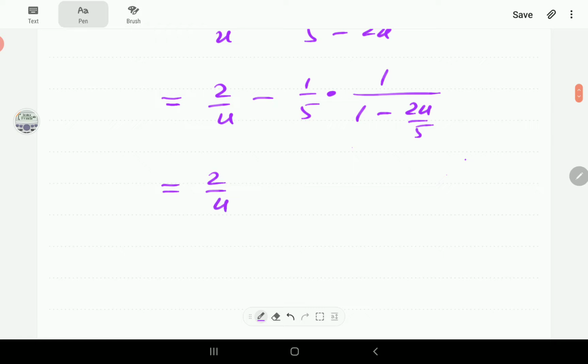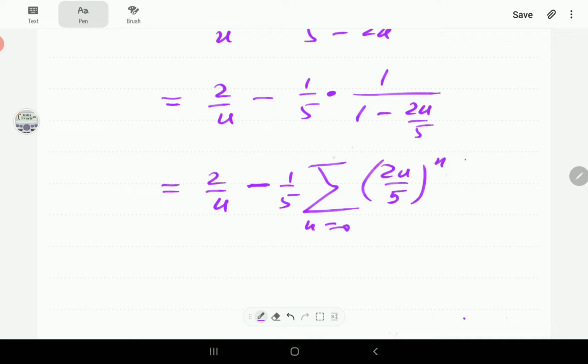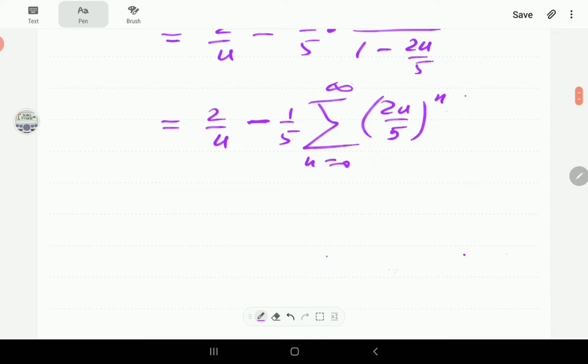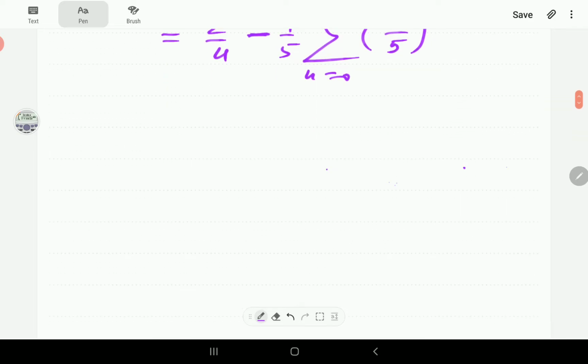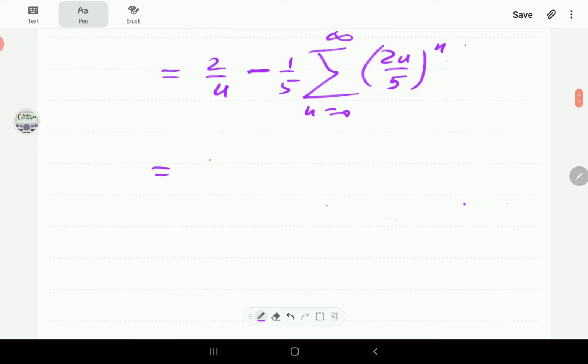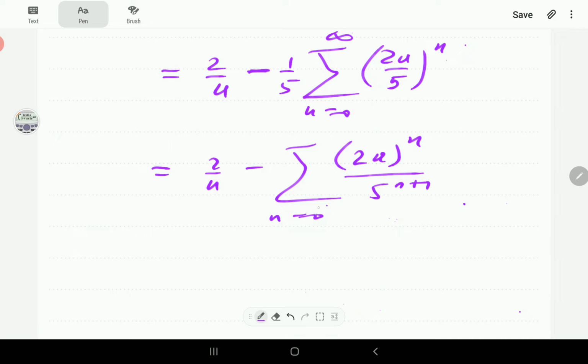And then by the result of the geometric series, this is going to be the summation of 2u over 5 to the power n, and goes from 0 to infinity. This we can just rewrite as 2u to the power n all over 5 to the power n plus 1.